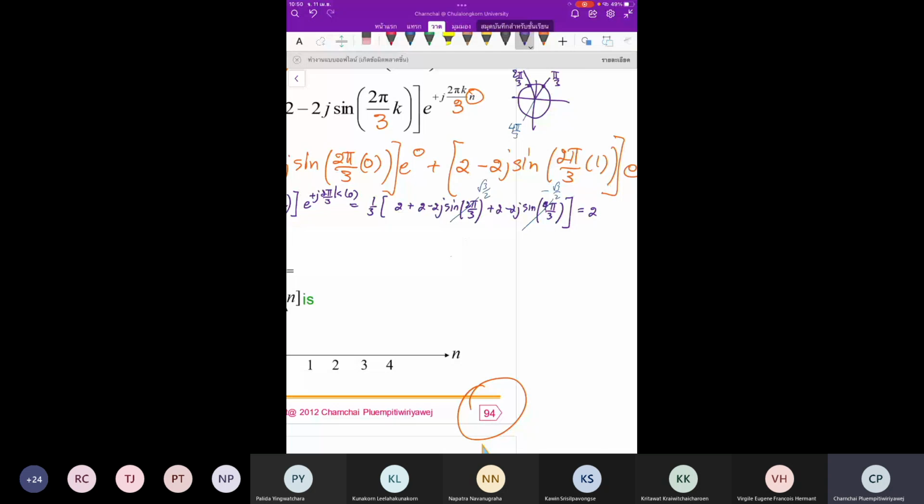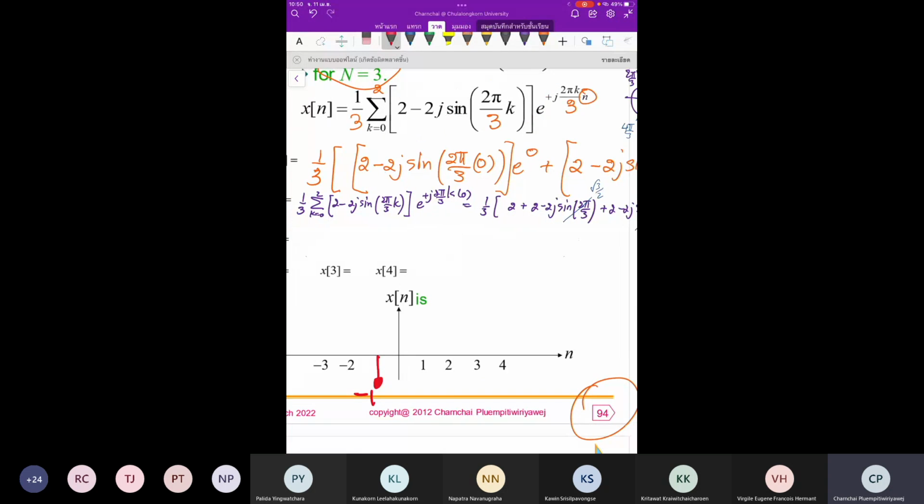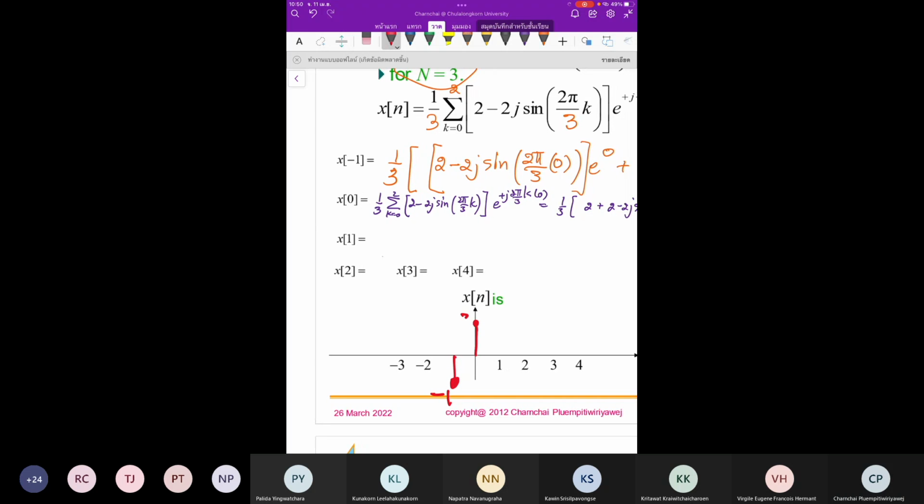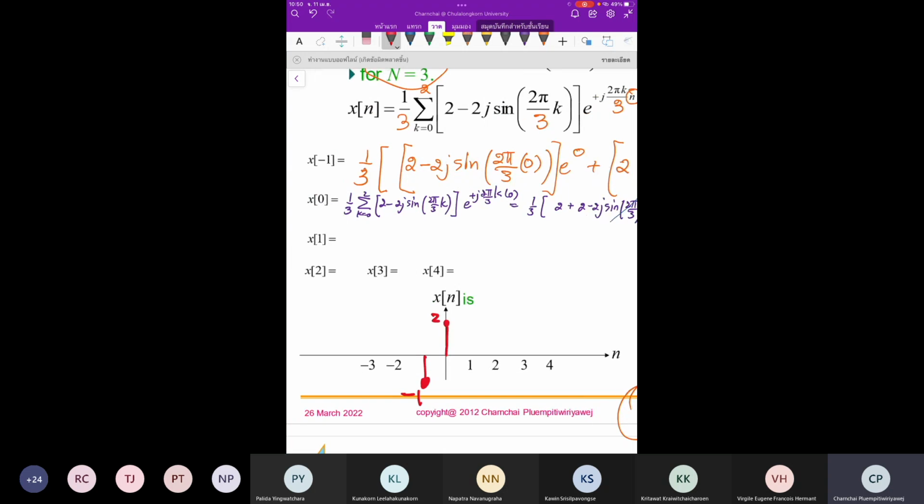So the second one, at x equal to 0, we got a 2. And we repeat the same thing for x1, the green one.